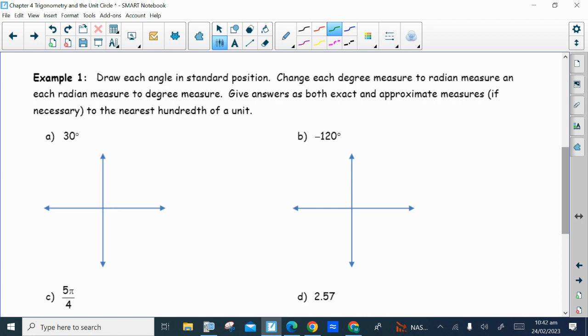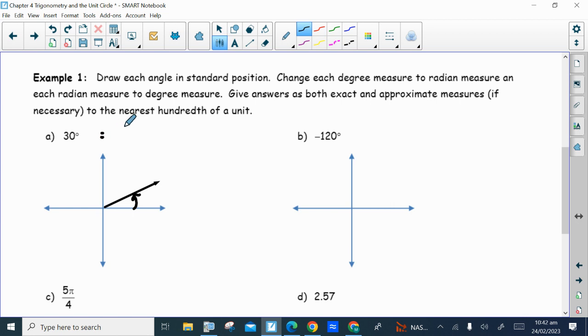Well, the first angle is 30 degrees. Again, that is a positive rotation angle. So we need to go counterclockwise 30 degrees, which would take us to approximately there. This is that rotation angle. You're going positive 30 degrees, counterclockwise. And if you want to write that in terms of radians, again, your number must get smaller.